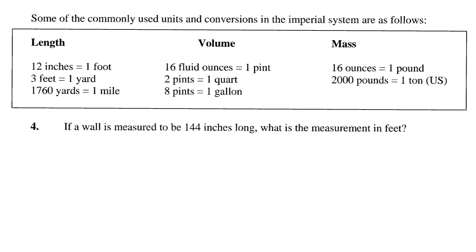All right, so now this problem here is asking us to take something that is 144 inches long and change it into feet. So it says, if a wall is measured to be 144 inches long, what is its measurement in feet? So we got to go and look at our chart and determine which ones we're using.